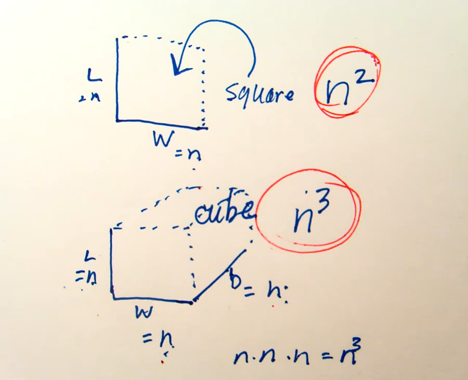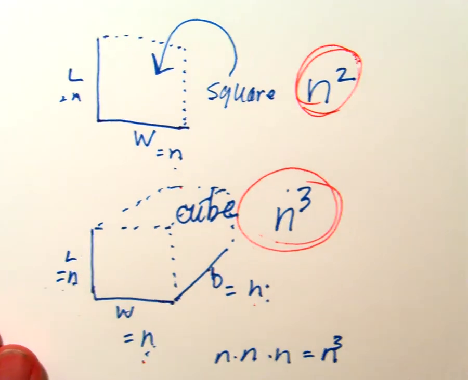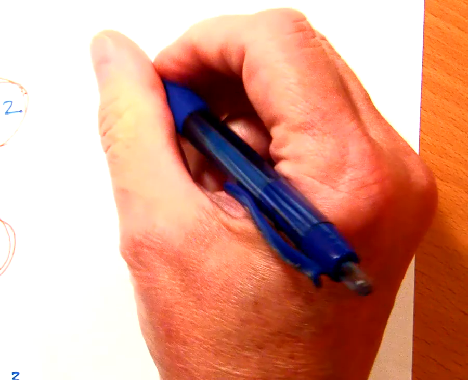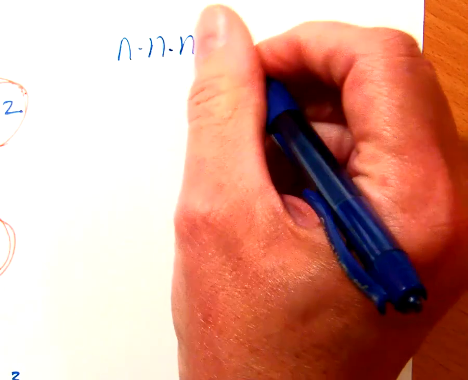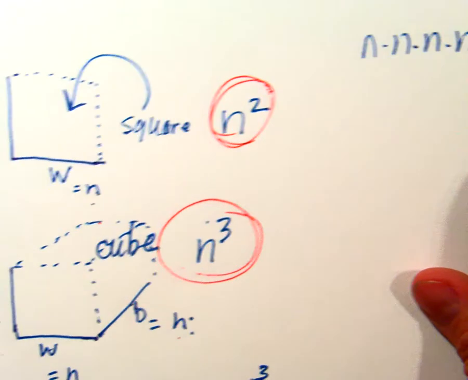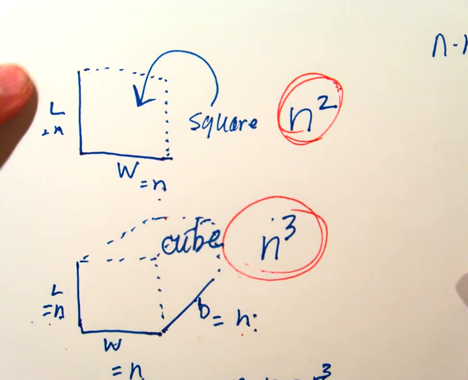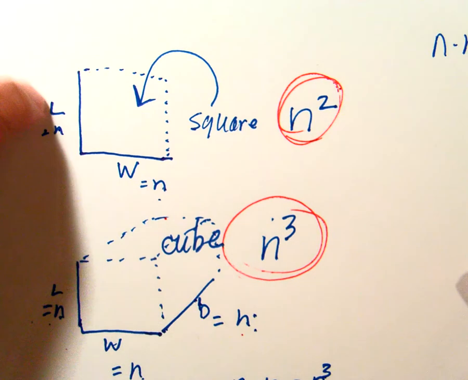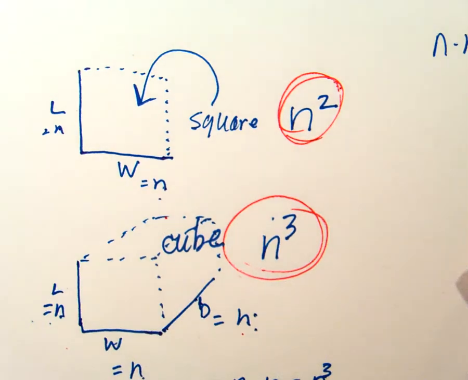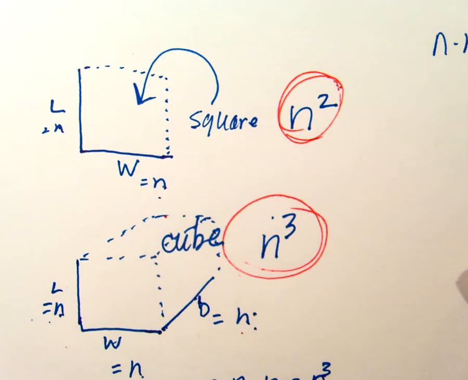Now you may be saying to yourself, well, that's all well and good. Those are kind of fun special names. I wonder if there are any other special names. For example, I understand that if I multiply n times n times n times n, that'll be n to the 4th. Well, let's see. Given these examples, I drew a 2-dimensional shape, length times width, that's n times n, and I could look at it and touch it, and I can see it's n squared.